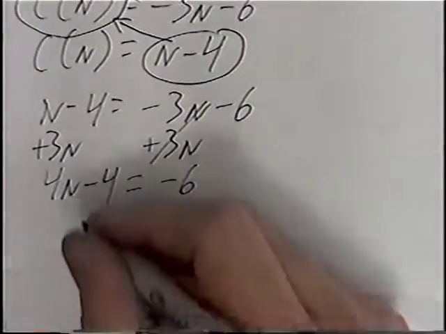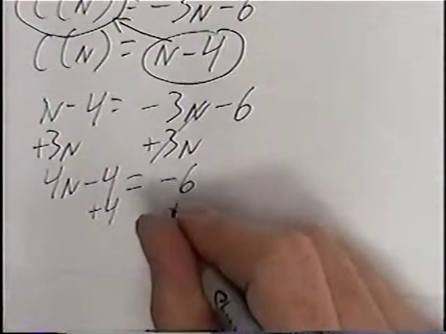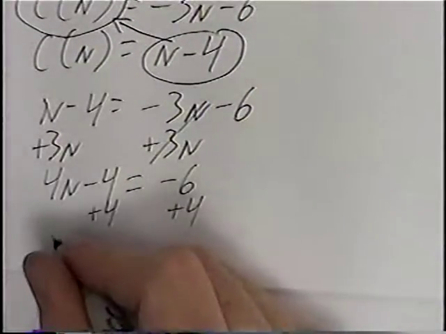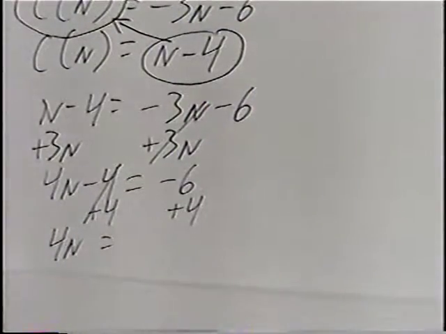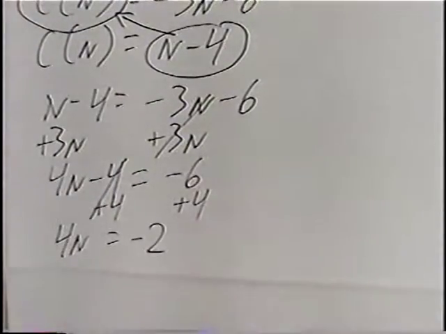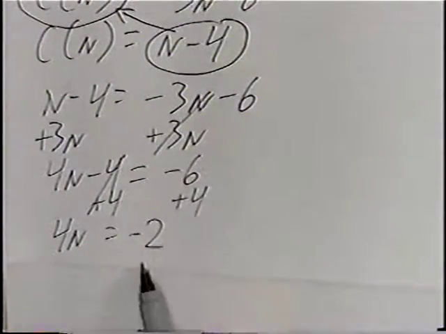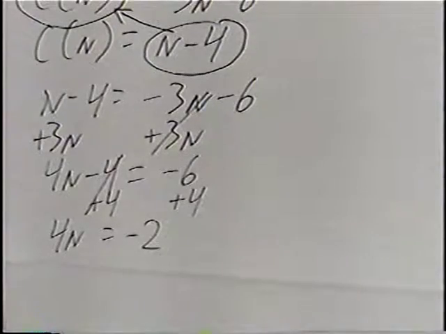Solving from here, we can add 4 to both sides to isolate the variable n. So we'll have 4n equals negative 6 plus 4. Negative 6 plus 4 would be negative 2. Different signs will subtract. 6, the bigger number, will keep the negative.